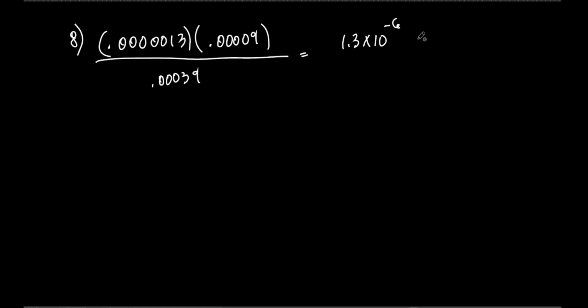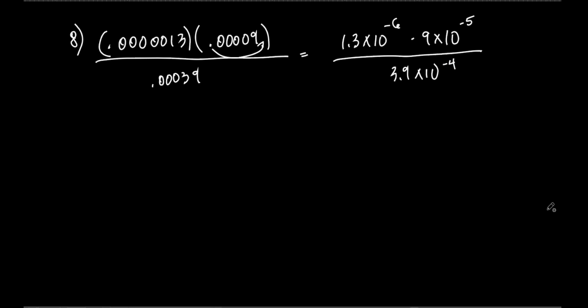So let's do this. Then we have 9 times 10 to the negative 5th, because I moved my decimal all the way to here. How many places was that? That's 5 places, is that right? And it's to the negative 5th. All right. And then I got 3.9 times 10 to the what? Negative 4, is that right? Okay.